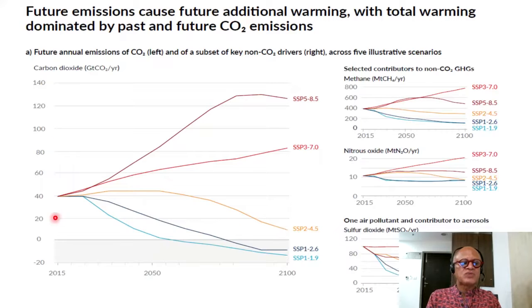So I won't go into too many details, but we have already looked at these. The benign ones are down here, SSP1 1.9 and SSP1 2.6. The others offer various levels of gigaton CO2 emissions per year, with associated million tons of methane per year, nitrous oxide in million tons per year, and one air pollutant and contributor to aerosols, that is sulfur dioxide, in million tons of SO2 per year.